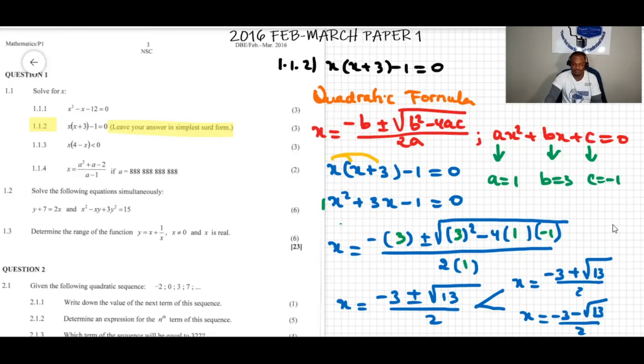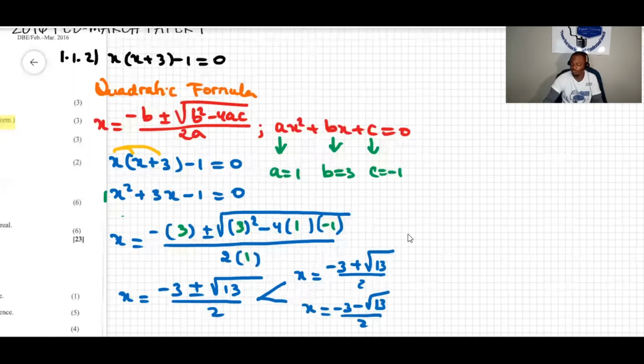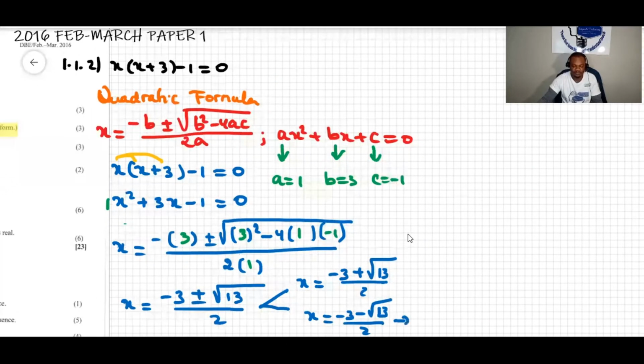If you want to be not fancy, you can also put the negative on the fraction bar, and this will be written negative 3 plus square root of 13 all over 2. It's also correct. So the two solutions are correct.